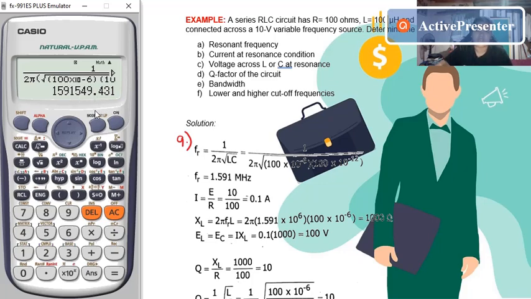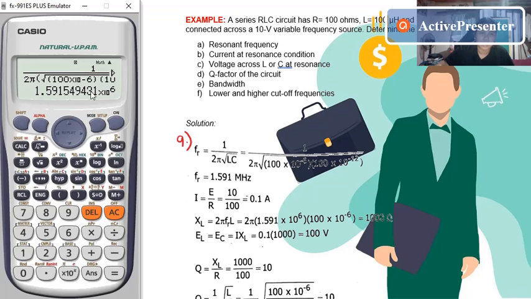Since it is very high, we can convert it. So it can be 1,591 kilohertz, or, to make it shorter, 1.59 megahertz.